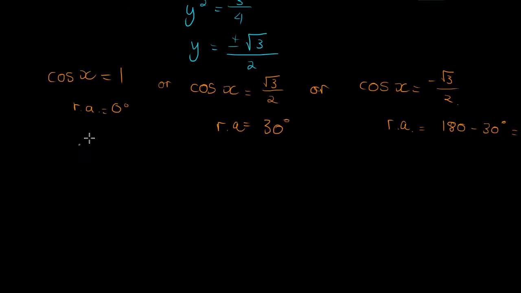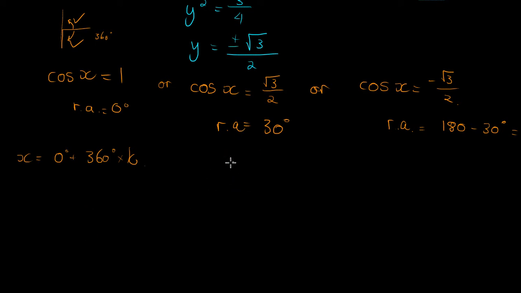And so from here on out, we know this general solution would be x is equal to 0 degrees plus 360 degrees times k, or the negative of the reference angle, because cos is positive in the first and the fourth quadrant. The first quadrant is positive angles, the fourth quadrant is negative angles. Or you could have said 360 minus, but 360 minus or just negative is the same thing.